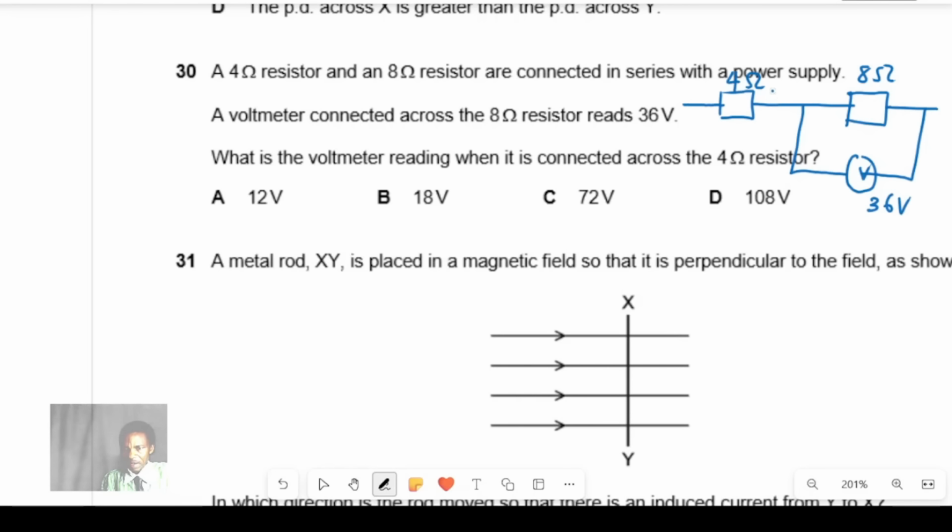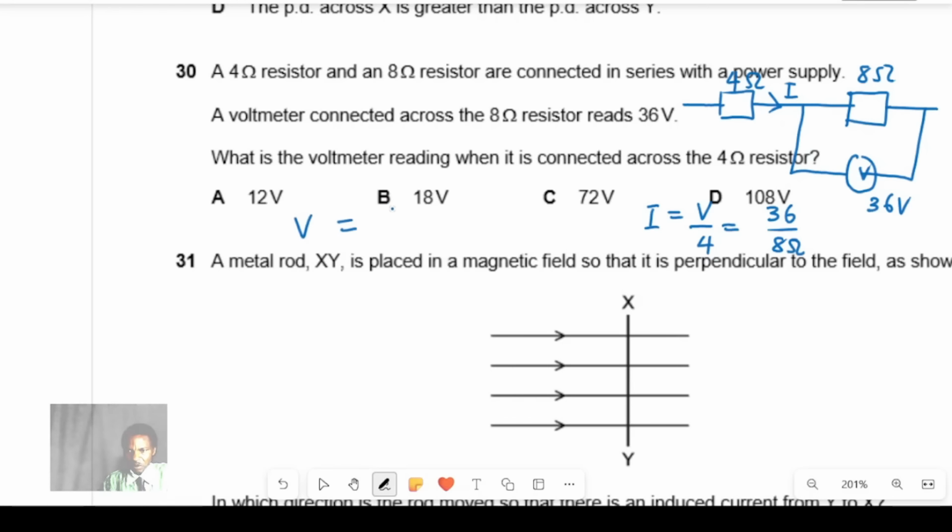So remember that the current flowing through them is the same. So I is equal to the PD across this over 4 ohm is equal to 36 over 8 ohm. So if you balance this, what is V?